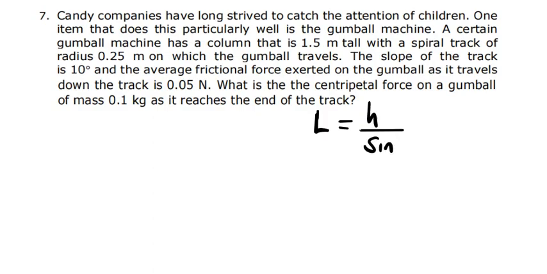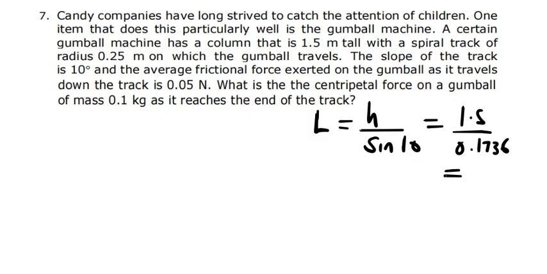In this case, sine 10, because we have 10 degrees. The height, we are saying it is 1.5. This will be divided by sine 10. Let me just do sine 10 degrees on my calculator. Sine 10, I'm getting 0.1736. Now that I've got this, I'm dividing it into 1.5.